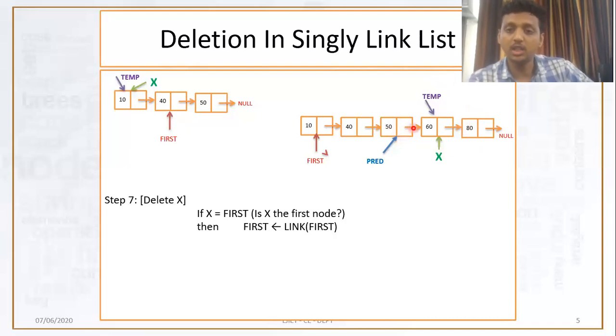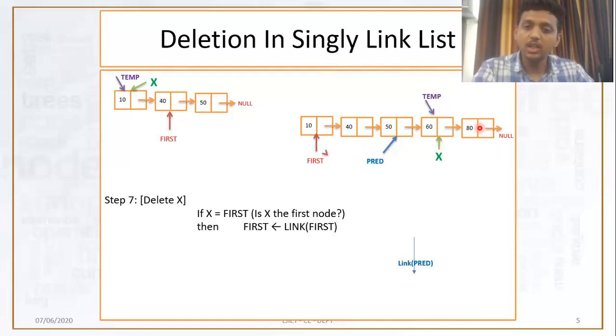What I need to cut is the link of which node? Pred node. What is the name of 80? See, the previous node is 60. Name of 60 is x. You can say x or 10, whatever you want. So the name of 80 becomes link of x.